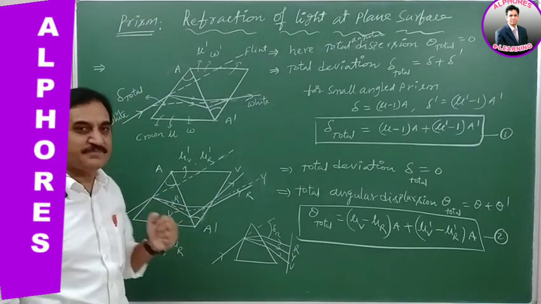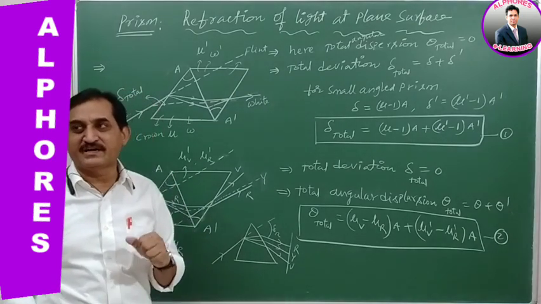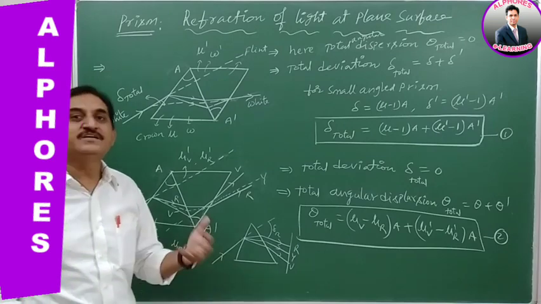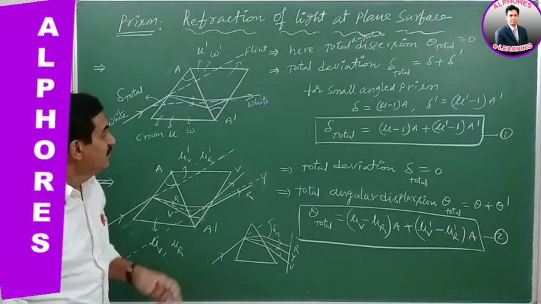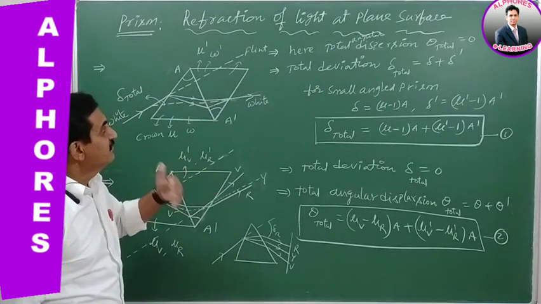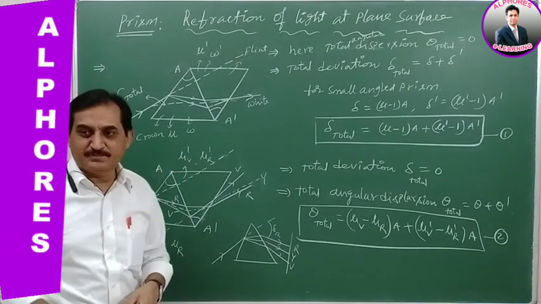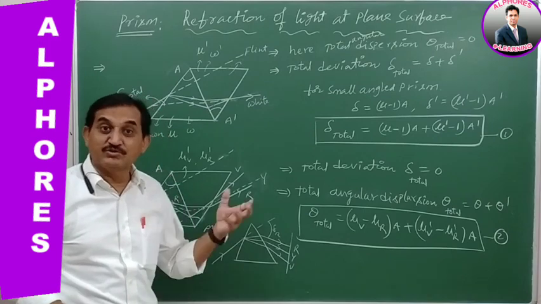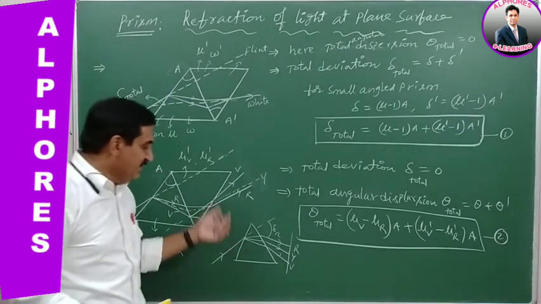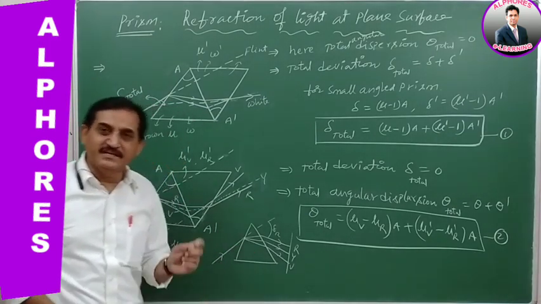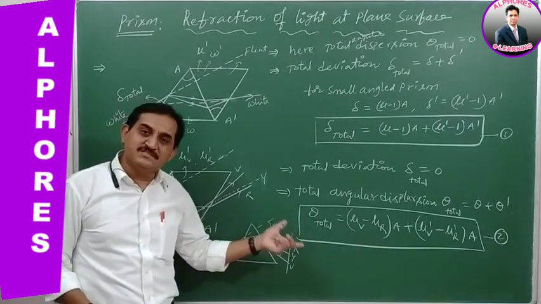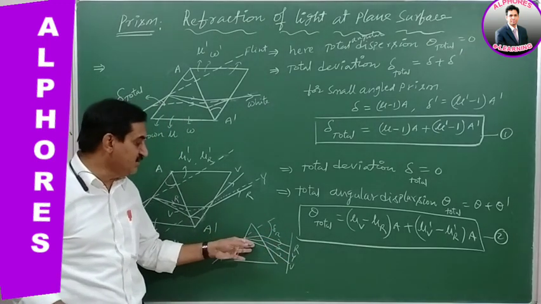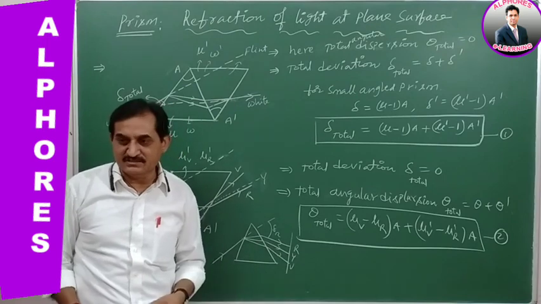So what is our purpose? Why are the two prisms connected together? Our intention is to nullify the dispersion, the total dispersion, and only get the deviation of light. Why? Because a single prism gives both the deviation and dispersion simultaneously.